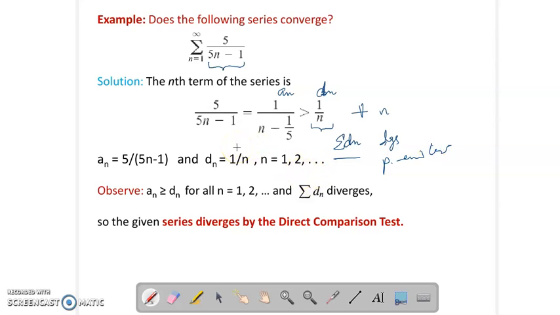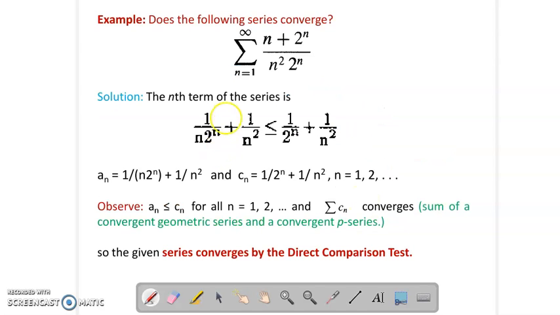Now using the direct comparison test, an is greater than dn for all n and summation dn diverges, it means that this series summation an also diverges by the direct comparison test. So you have to state the result properly, that an is greater than or equal to dn for all values of n and summation dn diverges. So the given series diverges by the direct comparison test.